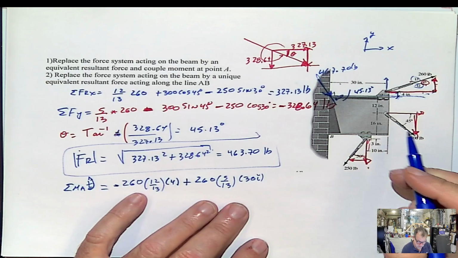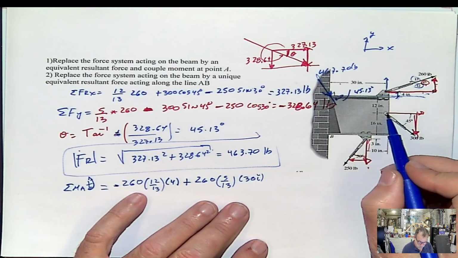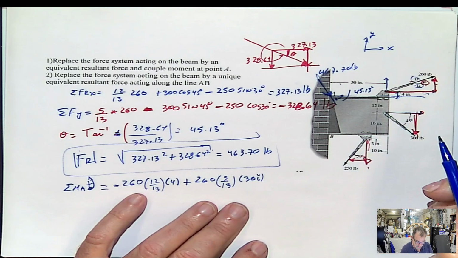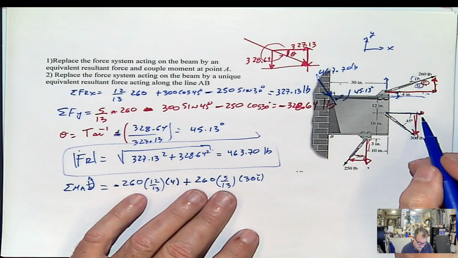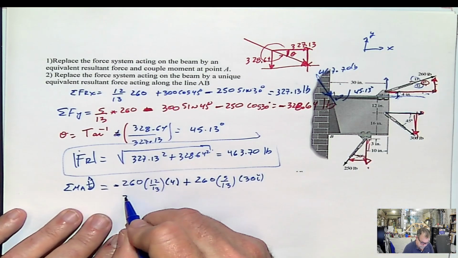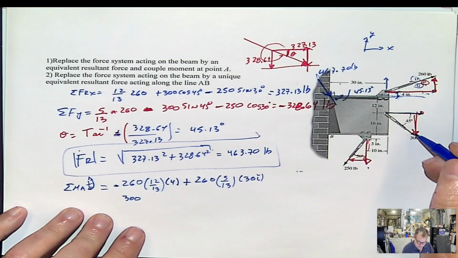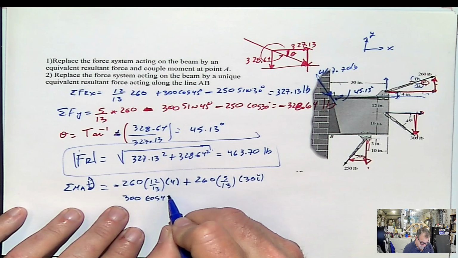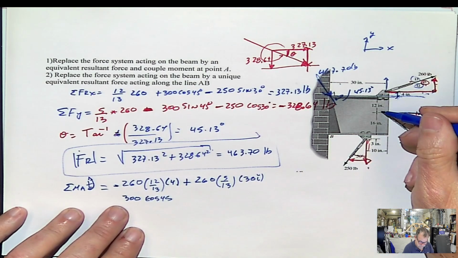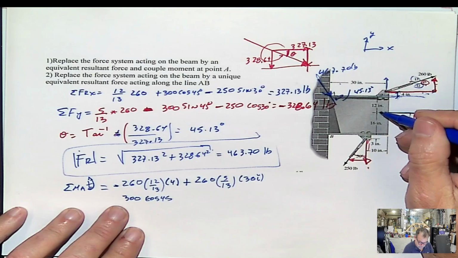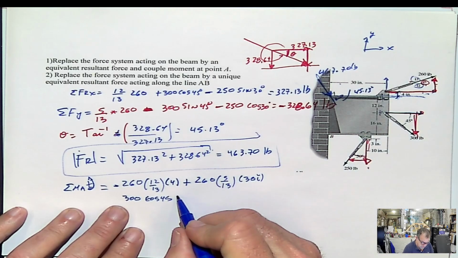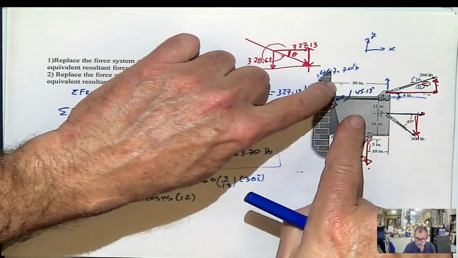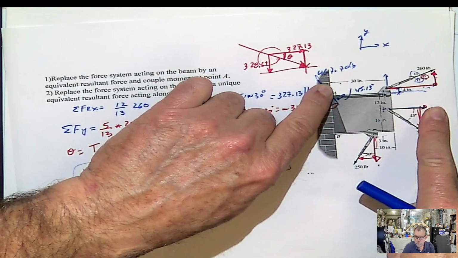Let's keep going. Now we have this one. What is the value of the horizontal component? That value is 300 cosine 45, and the force is horizontal, so the vertical distance is 12 inches. Put your finger, apply the force in that direction. What is going to happen?